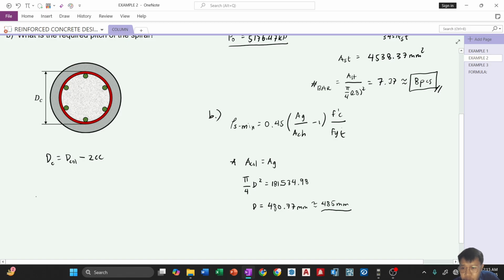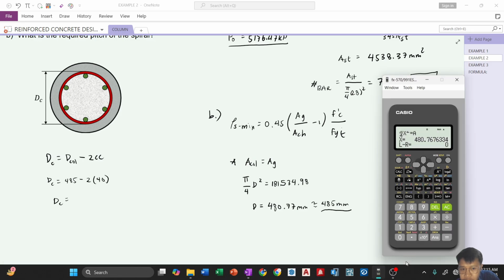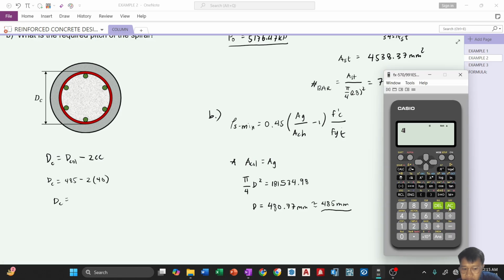Okay? So, we can now actually solve for the diameter of the concrete core, and that is equal to 485 less 2 cover. That is 40 mm. Now, the diameter of the concrete core is equal to 485 minus twice nung 40. Okay? So, that is 405 mm.